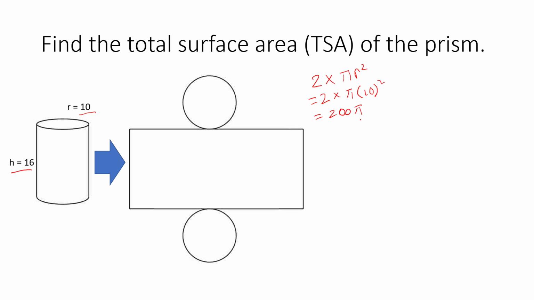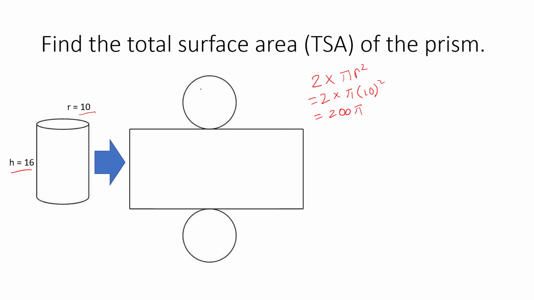Now, it is important that for your intermediate working, you write it this way. Not only is it safer, more accurate, it is also a lot neater than writing down the whole thing.